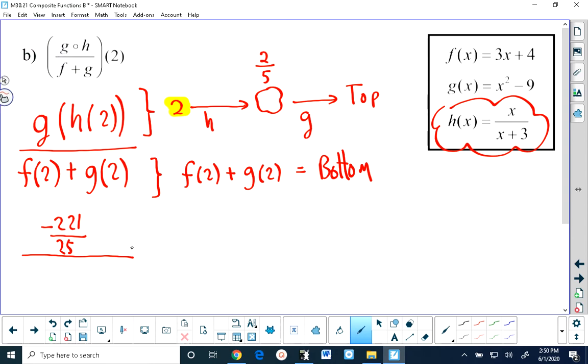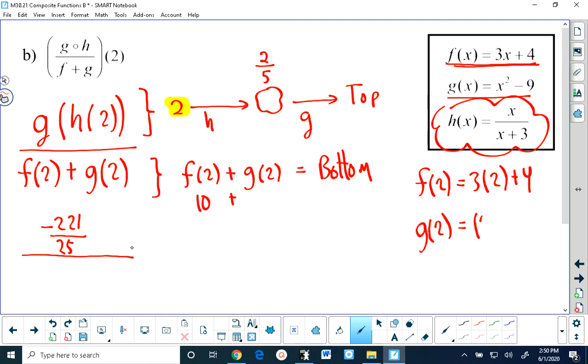The bottom, I have to figure out what f of 2 and g of 2 are. So for f of 2, I'm looking at f of x and putting 2 in for x. F of 2 will be equal to 3 times 2 plus 4, which gives me 10. G of 2, I now have to look at g of x. G of 2 is equal to 2 squared minus 9. 2 squared is 4, minus 9 is negative 5.